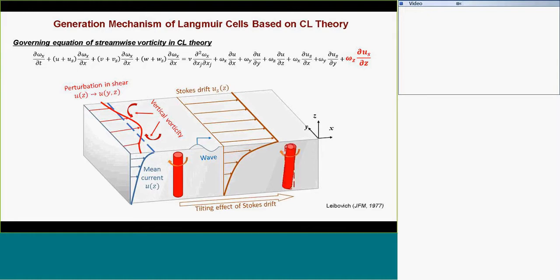Eventually, they will form those streamwise vorticities, as I mentioned earlier, in pairs of different vorticities. That is the explanation of their theory from this direct physical picture point of view.